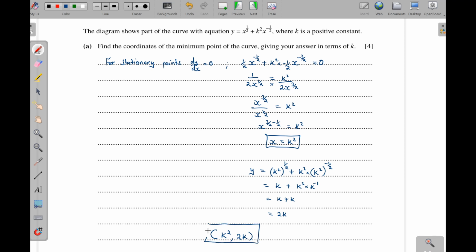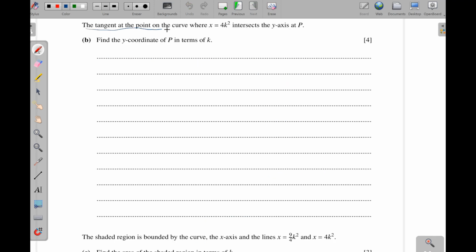That is that. The tangent at the point on the curve where x is equal to 4k squared intersects the y-axis at P. Then part B, find the y coordinate of P in terms of k. Now, a tangent has its gradient equal to dy dx, because at the point of intersection with the curve, they have the same gradient.